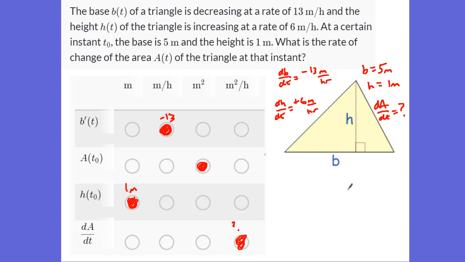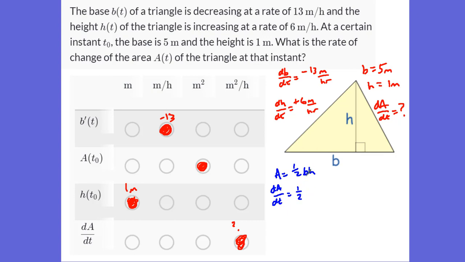So let's find this. What's my equation for the area of a triangle? Area equals 1/2 base times height. So now I'm going to take the derivative. The derivative of the area with respect to time equals, oh man, I have to use the product rule here. Let's take the derivative of the b first. So I have 1/2.